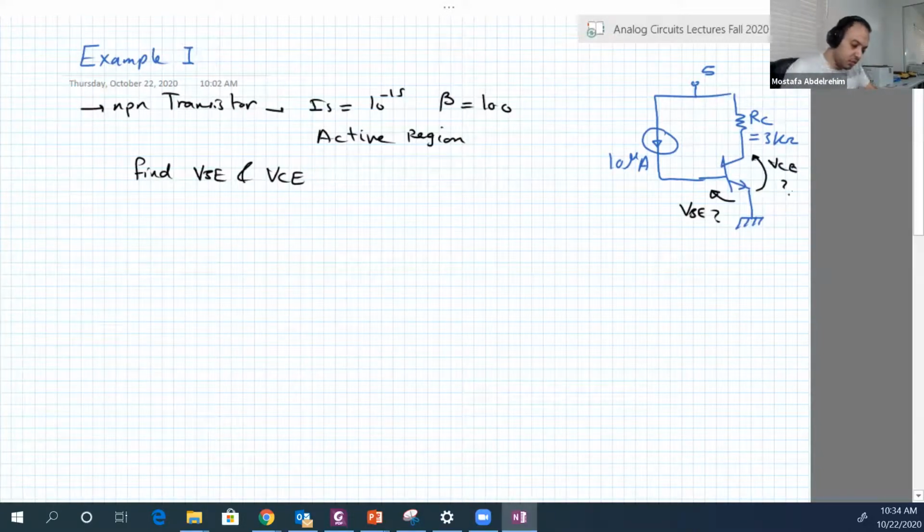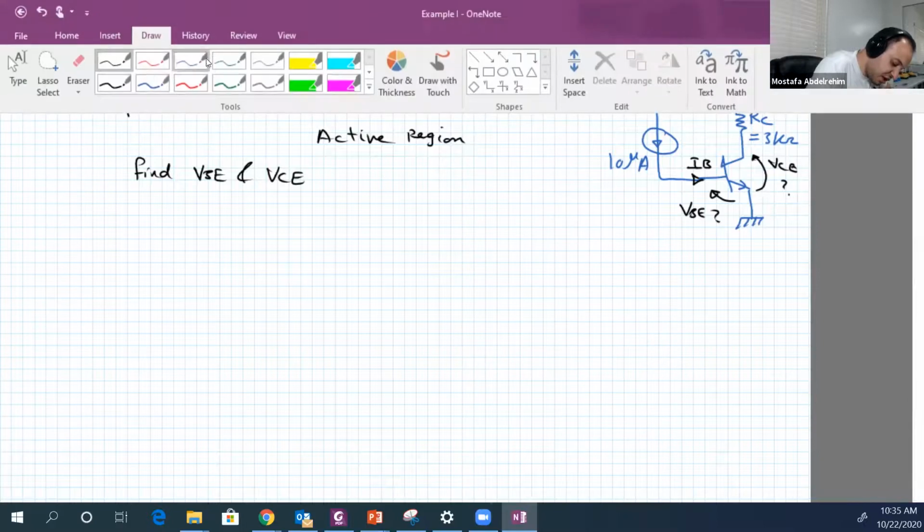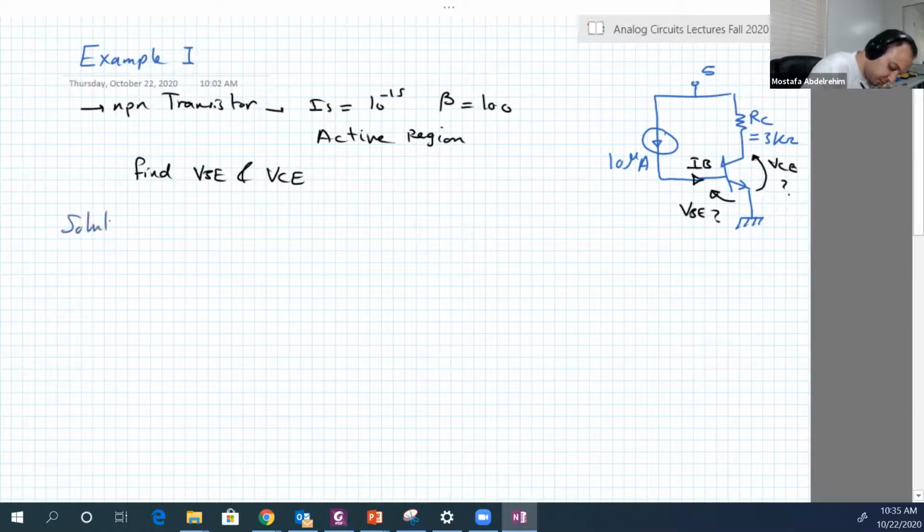Okay, so let's do that. First of all, this is IB, that's sure, which is the same as this current. So IB equals 10 microamps. Very nice.